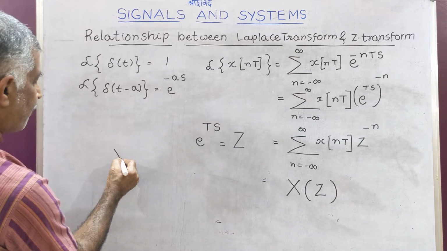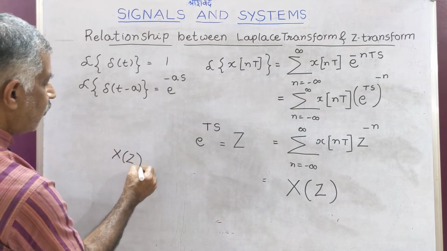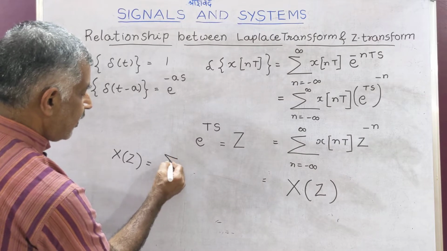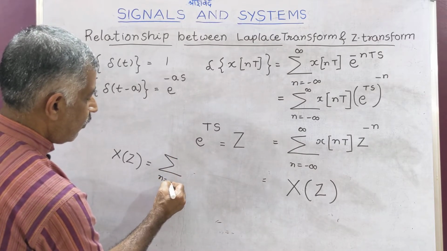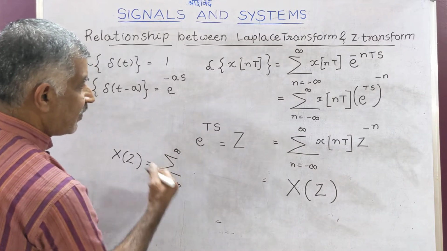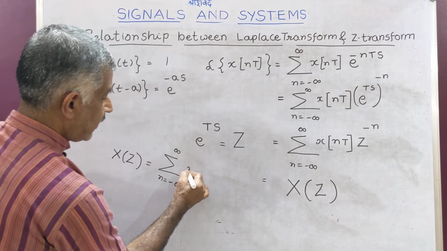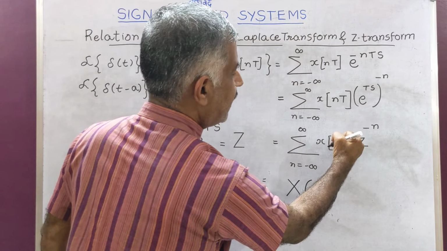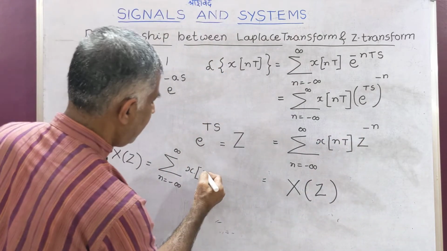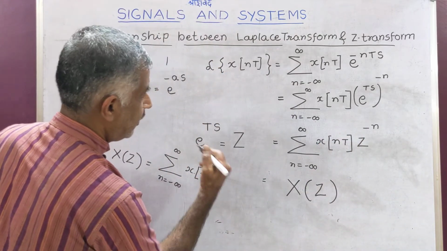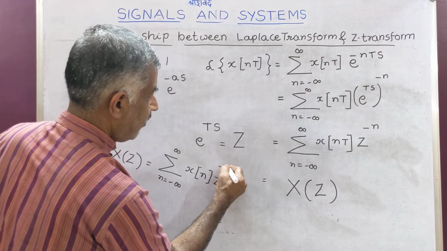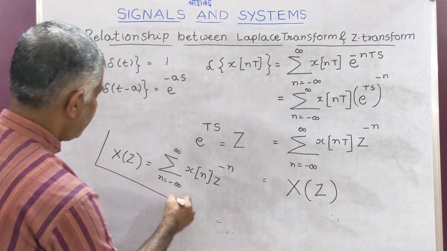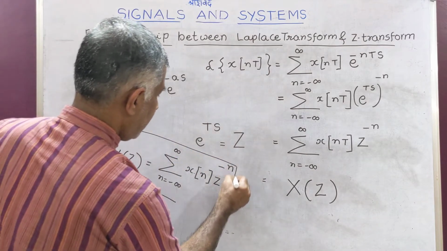X of z, the z transform of a time function, is given by X of z equal to summation n equal to minus infinity to plus infinity x of n z to the power of minus n. Normally we don't write T. This is the definition of the z transform.